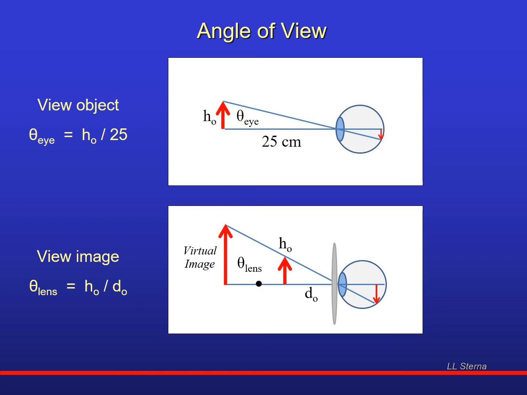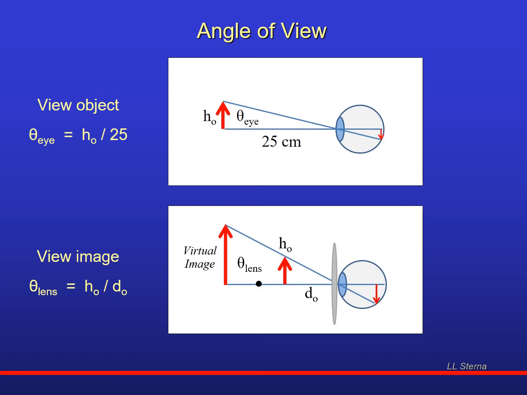Now, if that converging lens is very close to the eye, then the distance from the eye to the object is going to be DO, the same as the distance from the object to the lens. So the angle with the lens is HO, the size of the object, over DO. You see the little triangle there. We're still assuming small angle approximation.